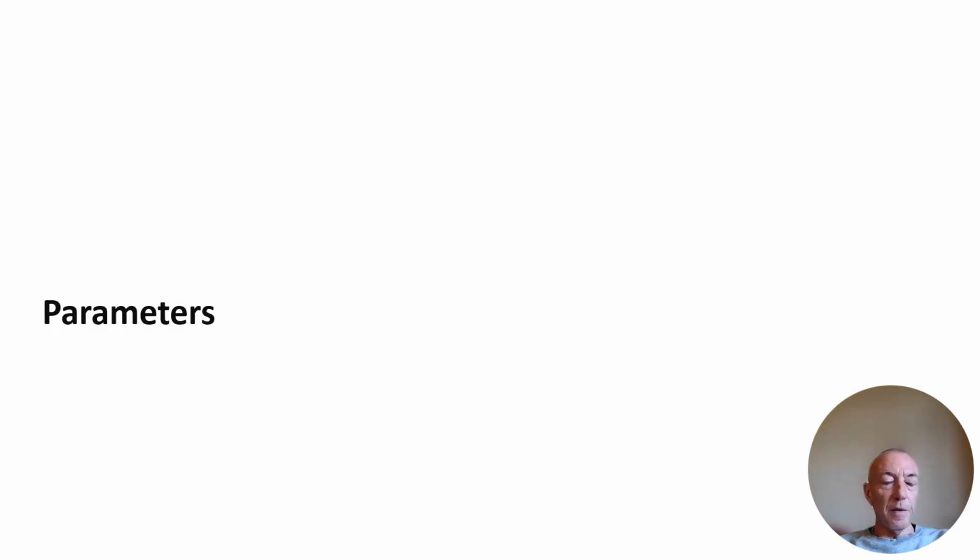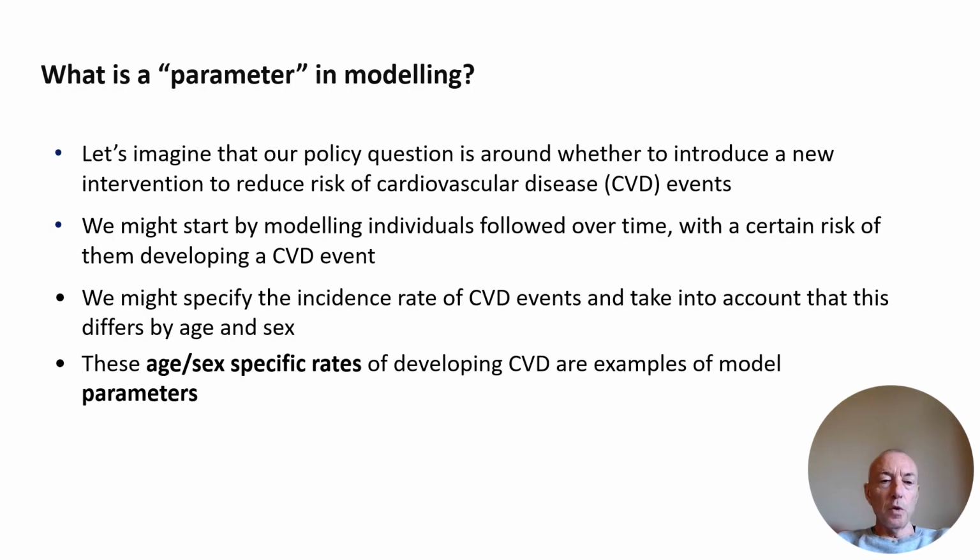So let's just now have an introduction to what a parameter is in this context. So let's talk about what a parameter is in modeling. Let's imagine that our policy question is around whether to introduce a new intervention to reduce risk of cardiovascular disease events, CVD events.